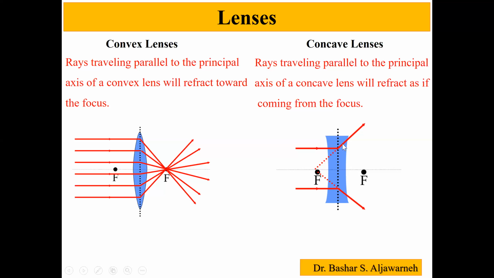Take extensions of these rays and collect them at a certain point. Therefore, here my point is a virtual point, not a real point like the convex lens. That's why the convex lens is called a converging lens, and here we call it a diverging lens.